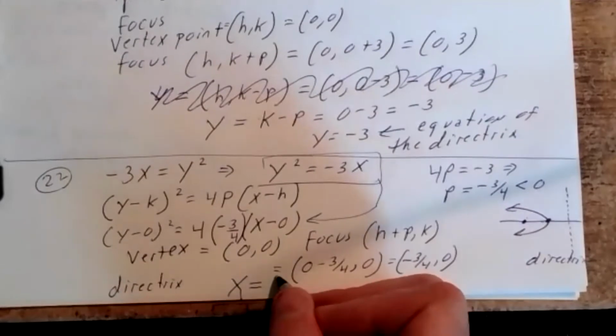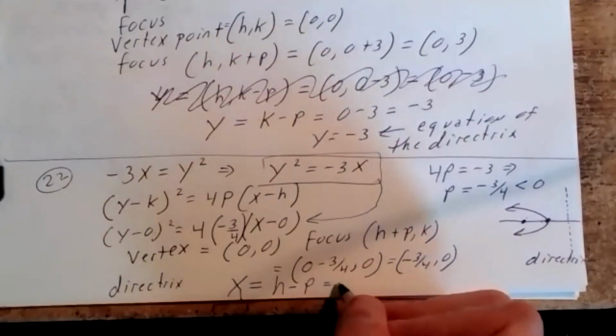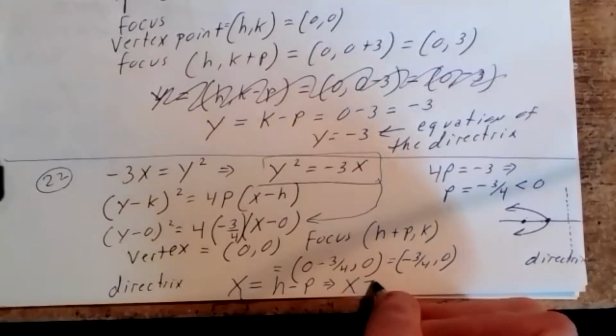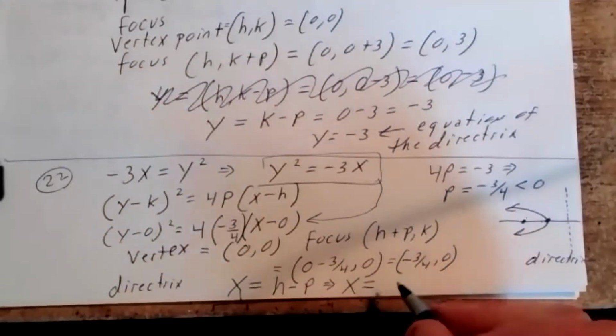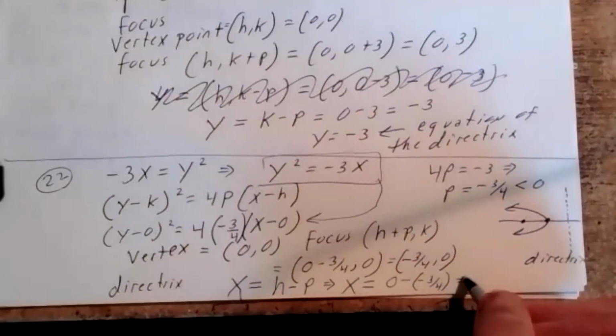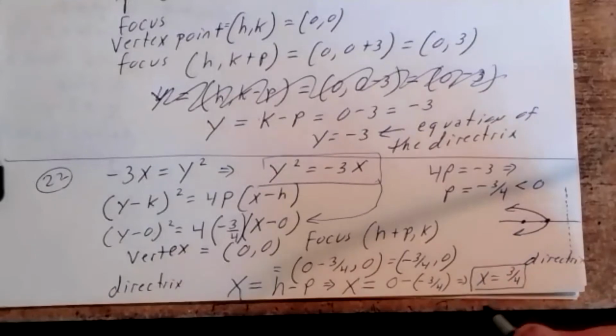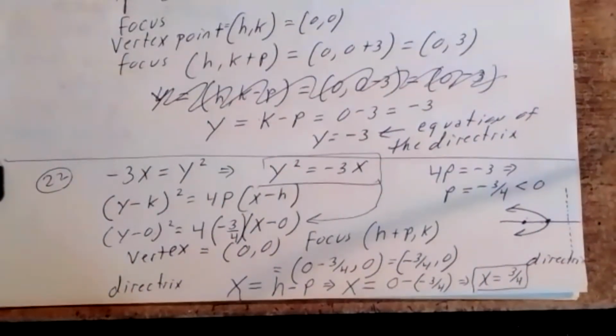So x is equal to h minus p. So that implies the equation of your directrix is this vertical line, x equal to 0 minus a -3/4. That implies x is equal to +3/4. That would be the equation of your directrix. x equals 3/4.